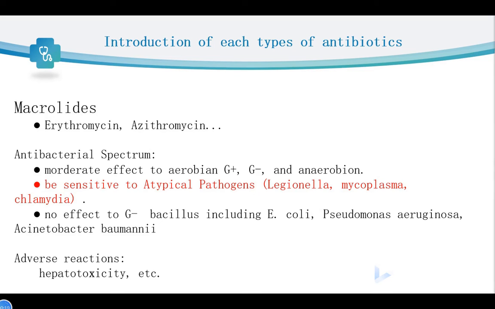Another type of antibiotics is the macrolides. The antibacterial spectrum of the macrolides is similar to penicillins, mainly effective on gram-positive bacteria, but the antibacterial activity of the macrolide is moderate or mild.